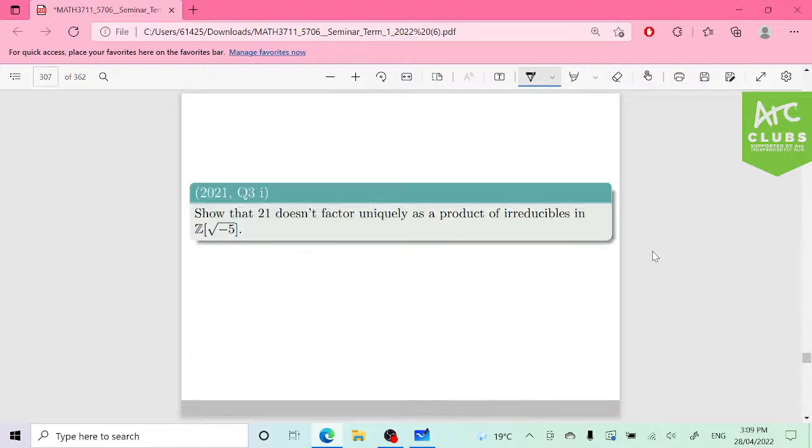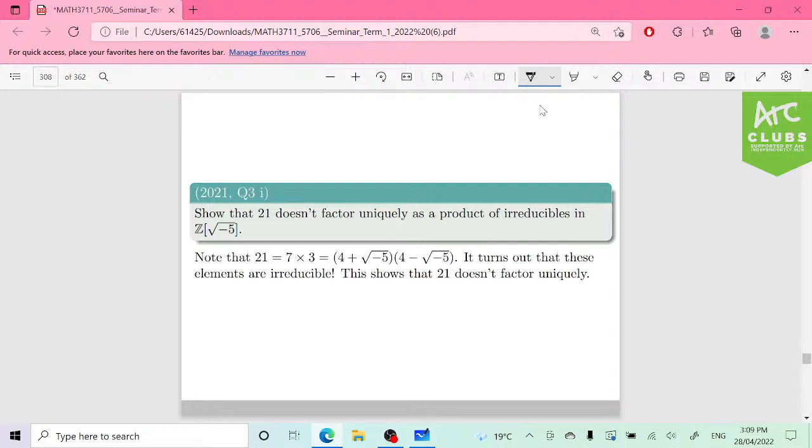All right. So we're going to show that this is not a UFD. If you want to show that this is not a unique factorization domain, then what you can do is show that 21 doesn't factor uniquely into a product of irreducibles.